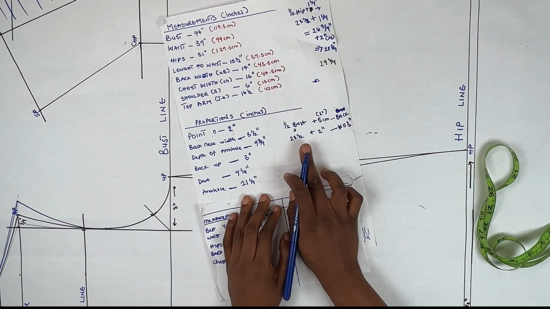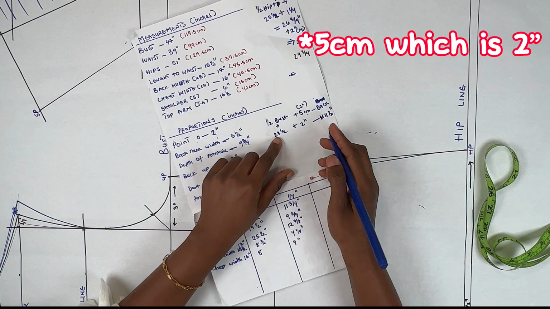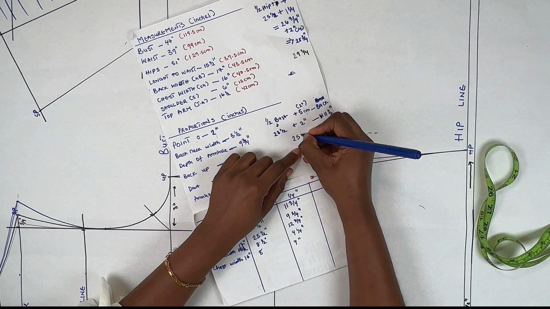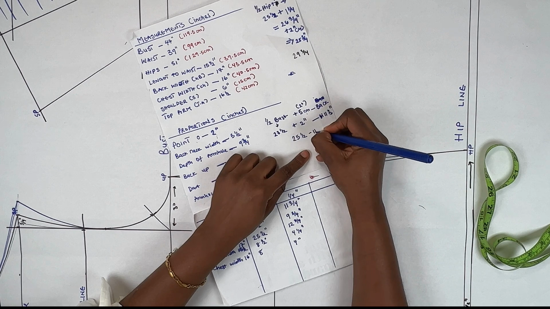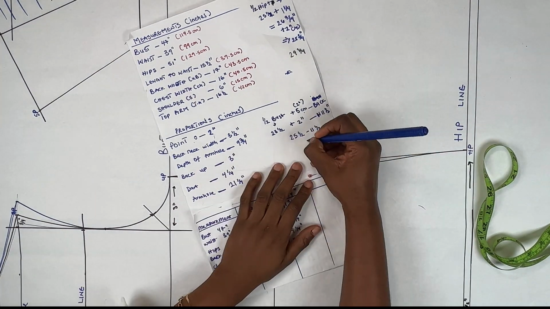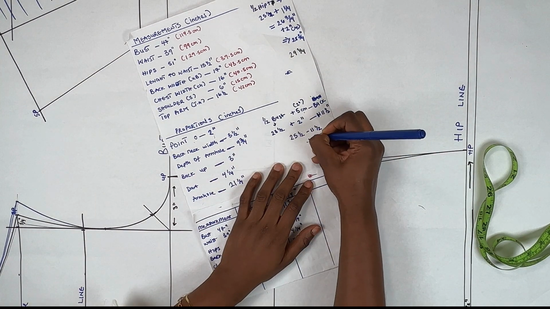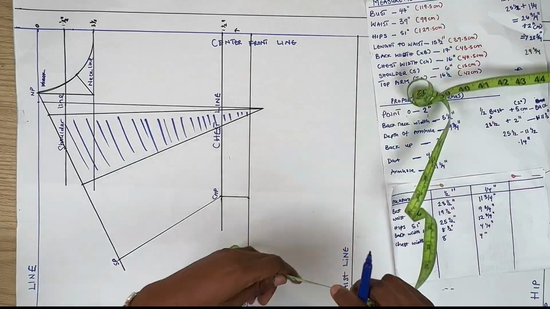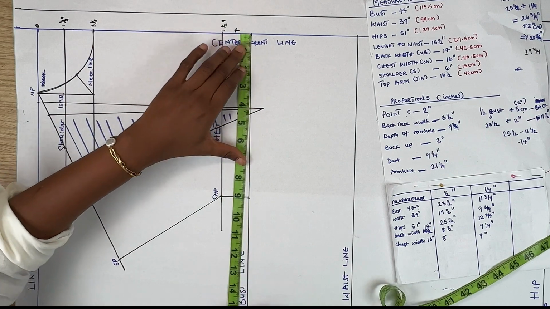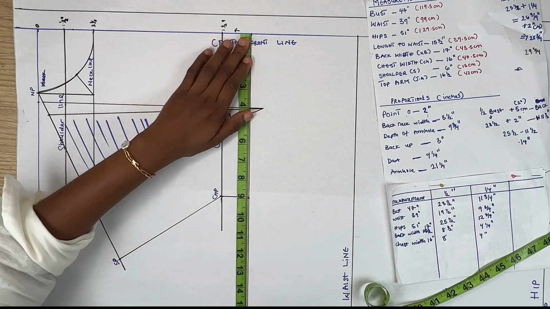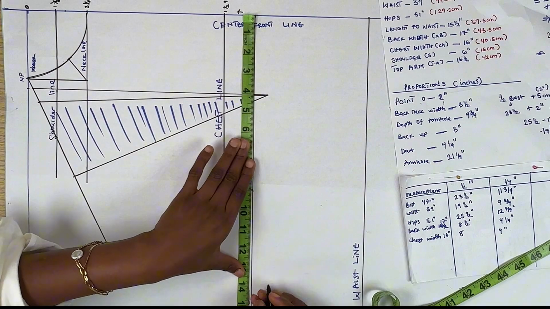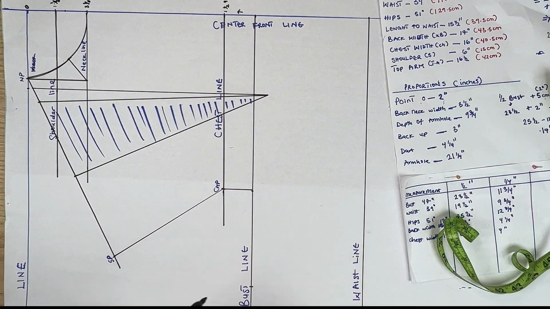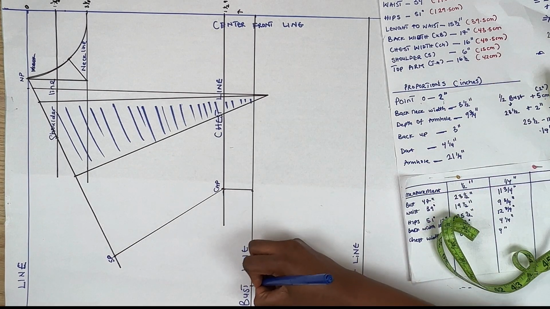Half of our bust is 23.5 plus 2, that is 25.5, minus 11.5. So the final answer here is 14 inches. The bust width of the front is going to be 14 inches. I'm going to mark 14 inches on the bust line, and 14 inches is right around here. So here I'm going to call it UP, which is the front underarm point.